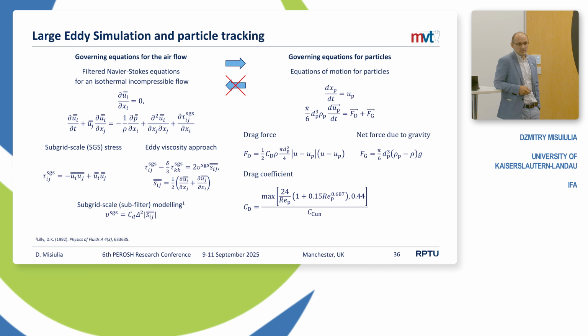For accurate prediction of the swirling flow in the cyclone, large eddy simulations were applied. For that, the filtered Navier-Stokes equations were solved, and in order to model turbulent subgrid scale stresses, a Boussinesq assumption was used, and a dynamic Smagorinsky model was applied to predict the subgrid scale viscosity.